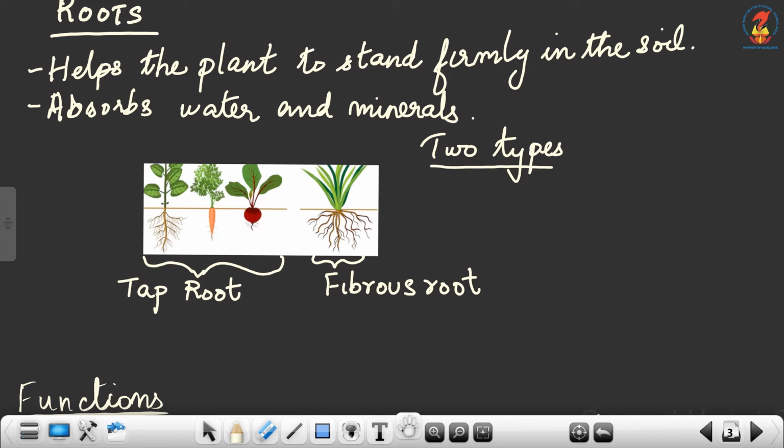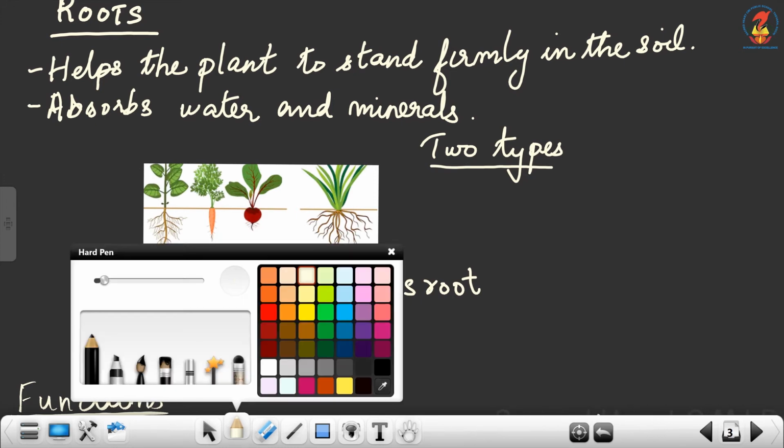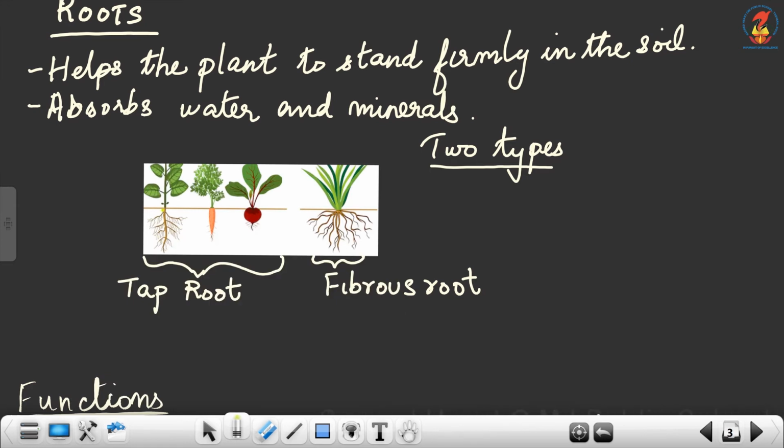In tap root, there will always be a main root. When you look at tap root, there will be a major root that is growing to the ground. From that main root, which is thicker, smaller roots will arise. See, there is a main root from which smaller roots are arising.